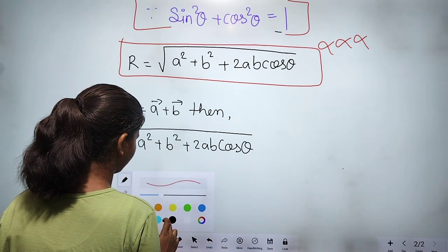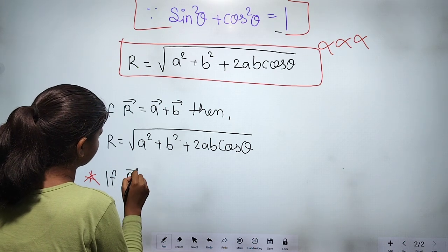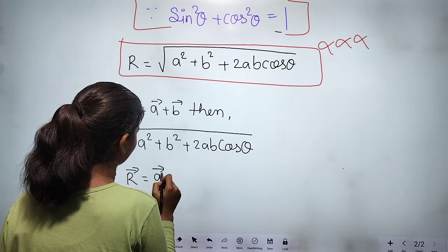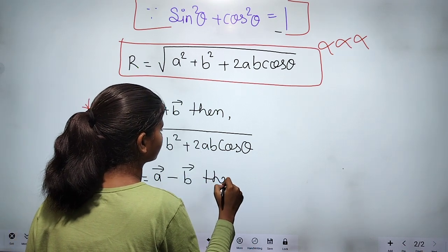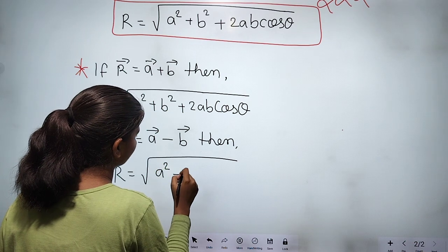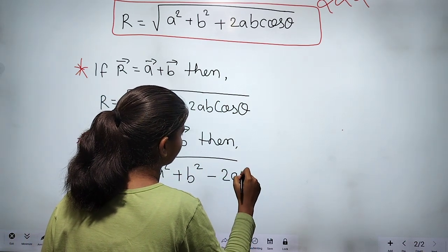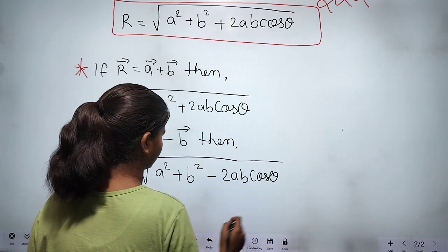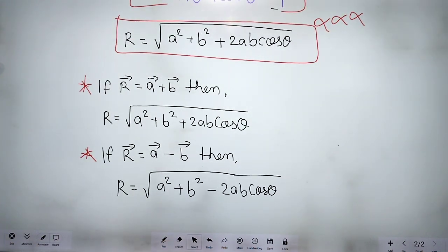And if R vector is equal to A vector minus B vector, then resultant is equal to root under A square plus B square minus 2AB cos theta.